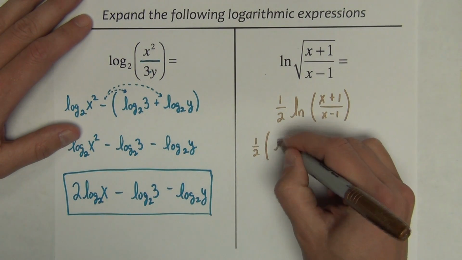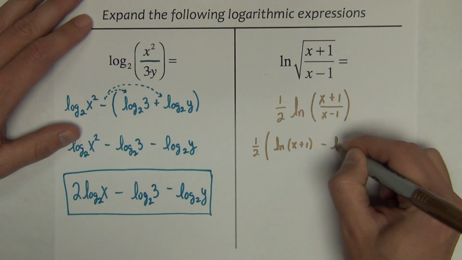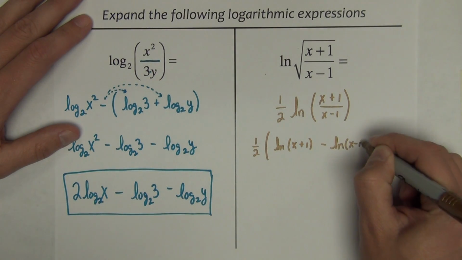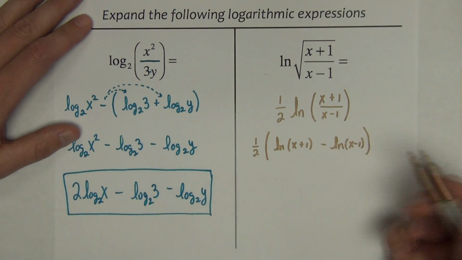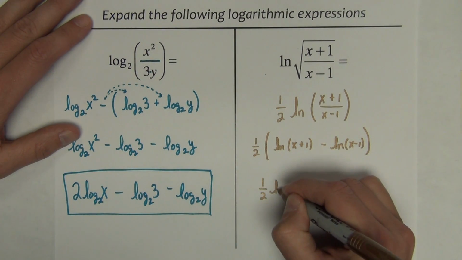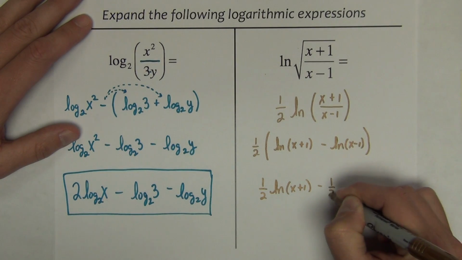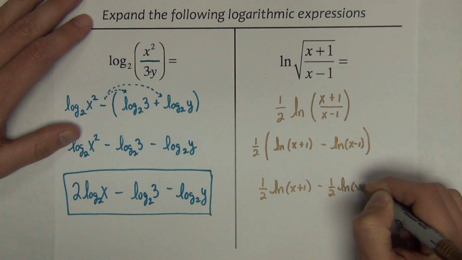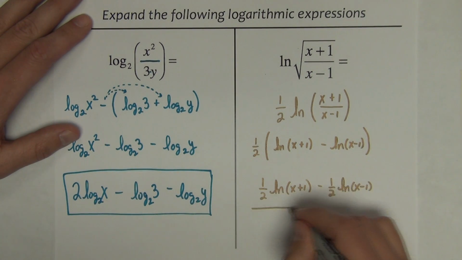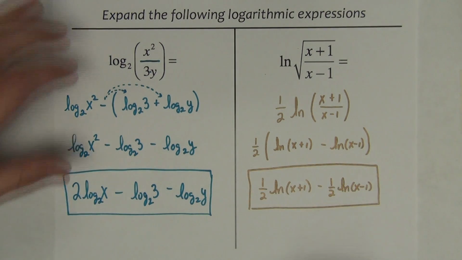Now I'm going to split this up: natural log of x plus 1 minus natural log of x minus 1. You could probably leave it like that if you preferred, or you could distribute that 1/2 to each of these logarithms. Well, you could certainly do that. And that one's finished now.